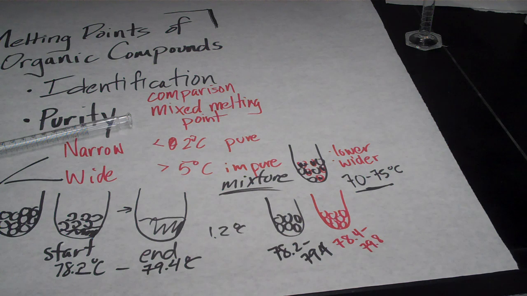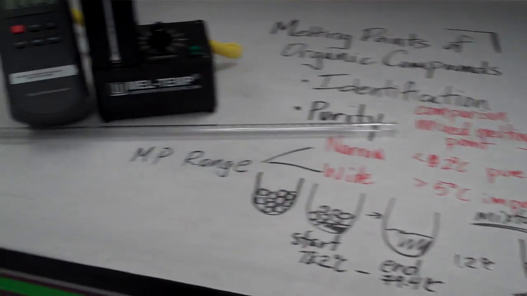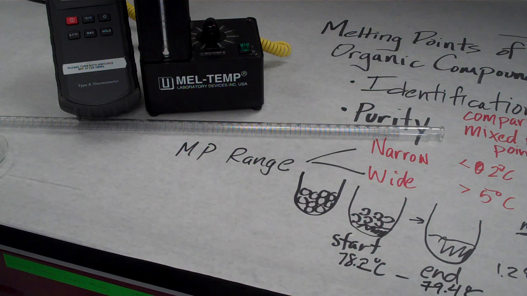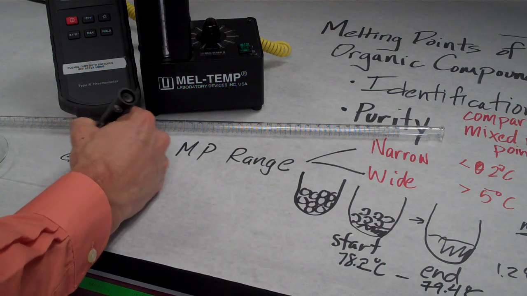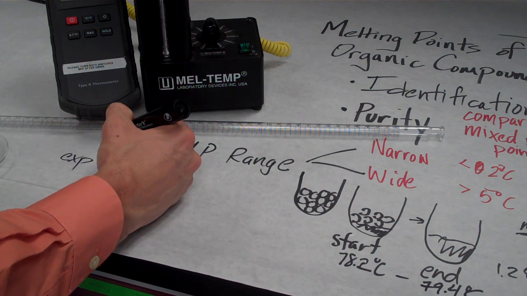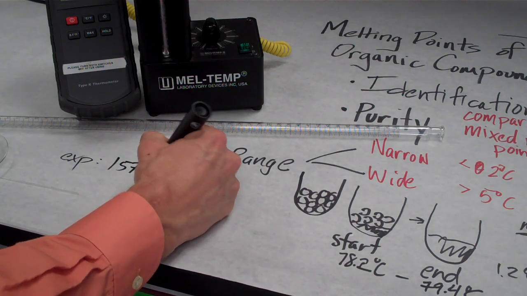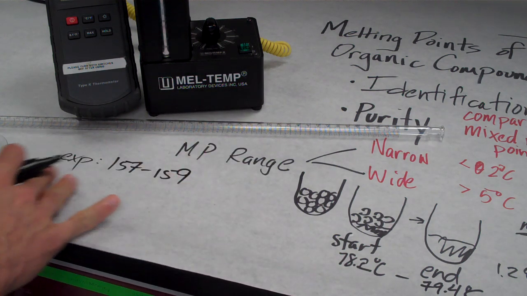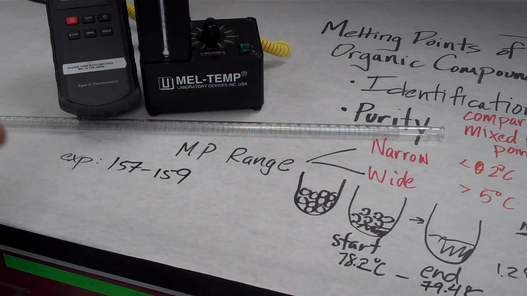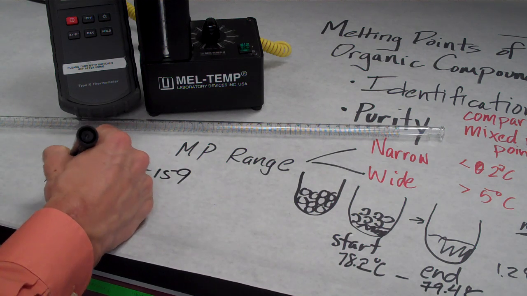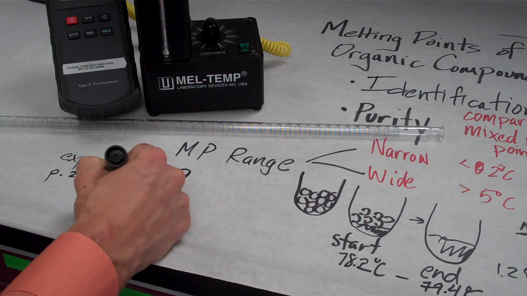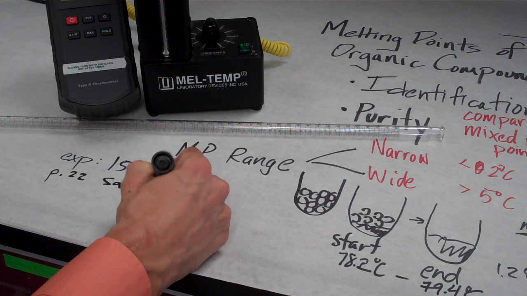So when you determine its melting point, as an example, let's say I had an experimental compound whose melting point today came out at about 157 to 159. According to the table on page 22, this is pretty close to salicylic acid.